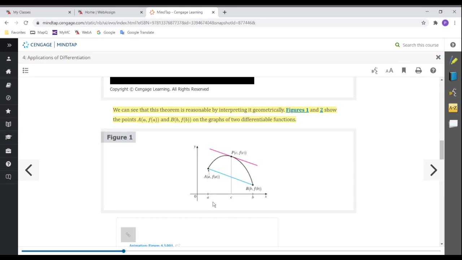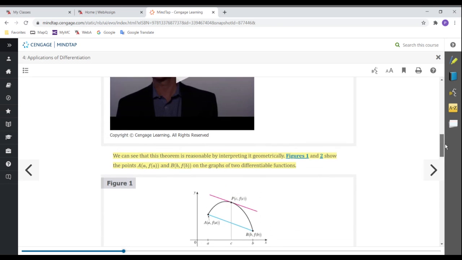Point A has the coordinate a, f of a. Point B has the coordinate b, f of b. And if you take the slope of that blue line segment that connects points A and B, the slope of that line segment would just be rise over run. The rise would be f of b minus f of a, and the slope's negative, incidentally, over the run, which is b minus a.